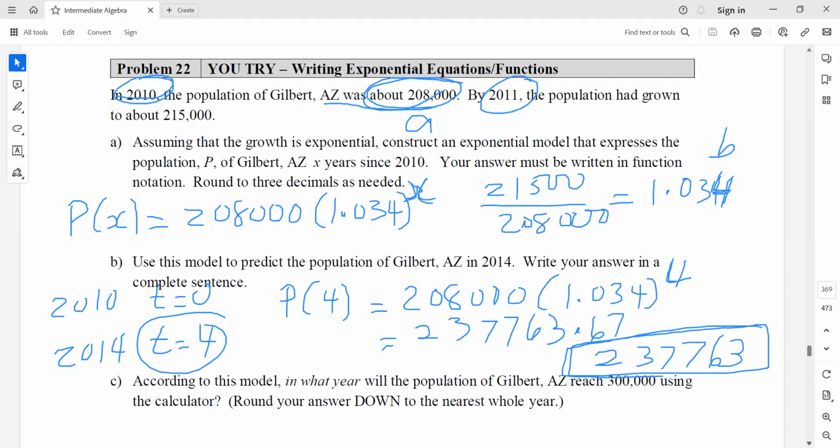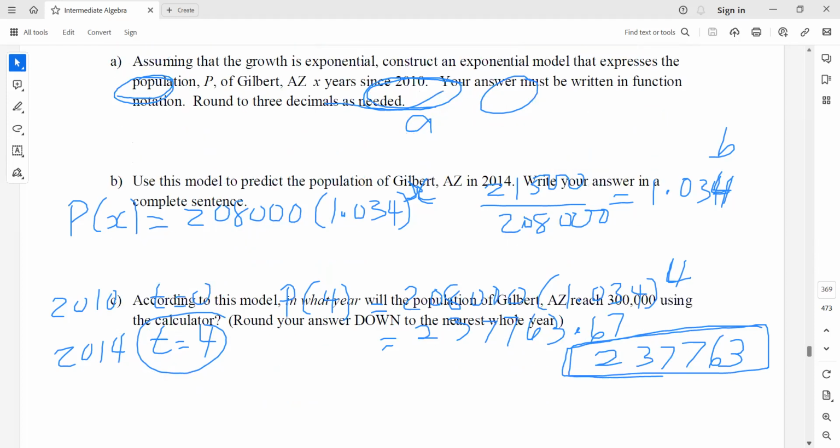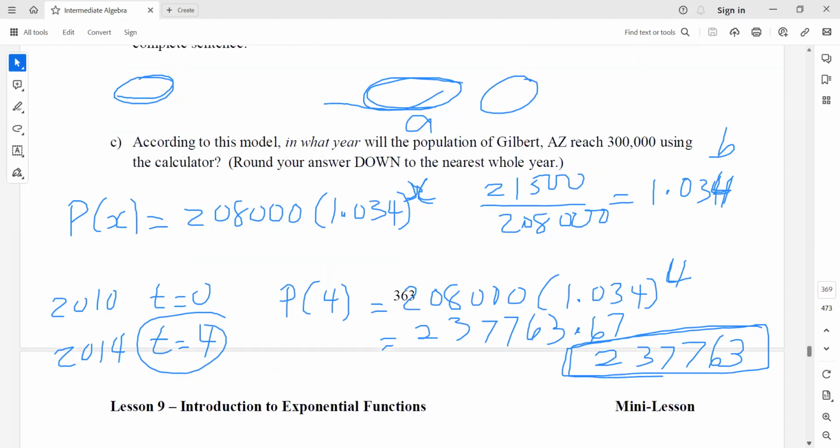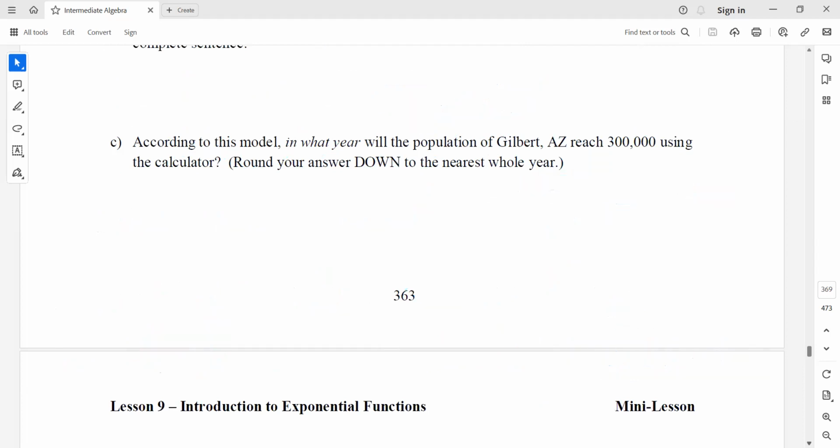Now, what about part C? In C, we had, according to this model, in what year will the population of Gilbert, Arizona reach 300,000 using the calculator? So here we are looking at our y, or our population, reaching 300,000.